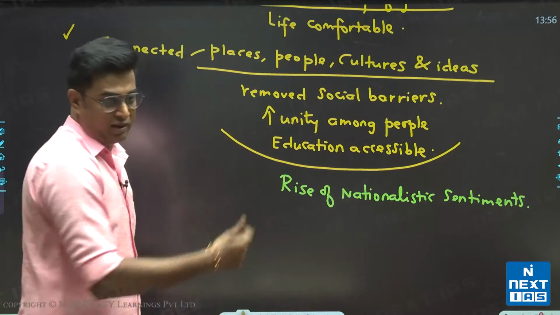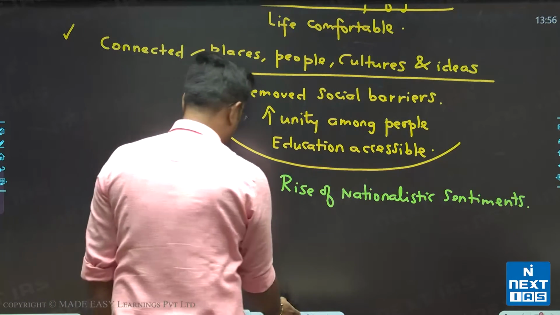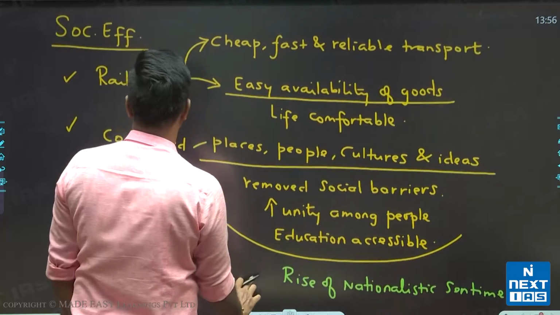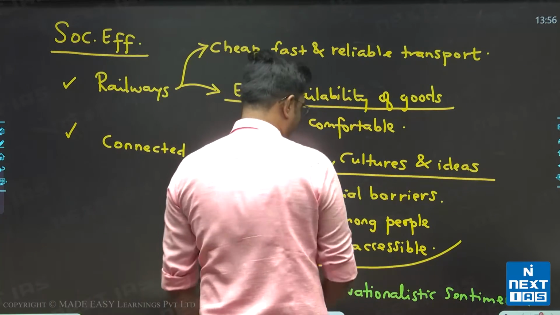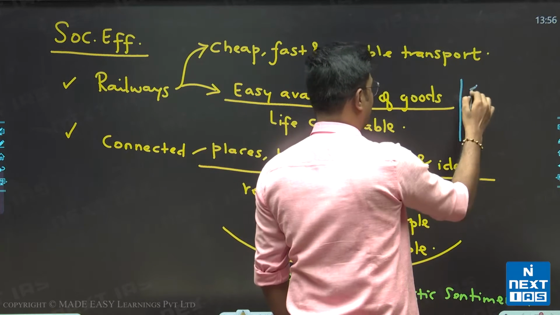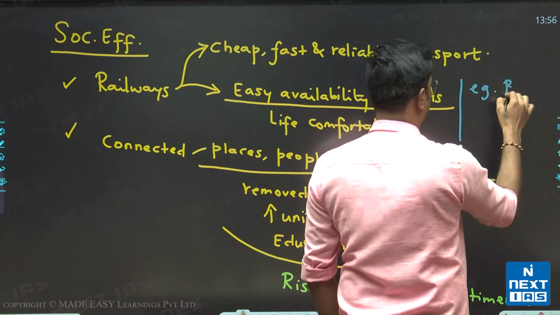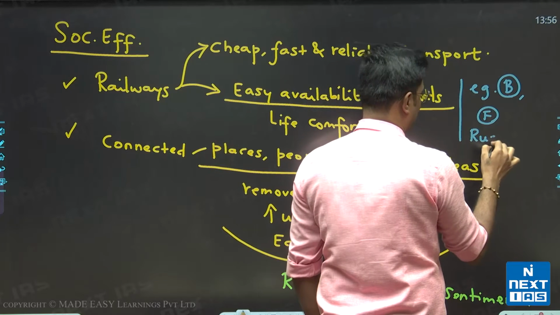Now, while providing these facts to support your answer, you can also give relevant examples. For example, for the first point, railways making life comfortable, you can provide the example of various European countries. Examples can be Britain, France, Russia.